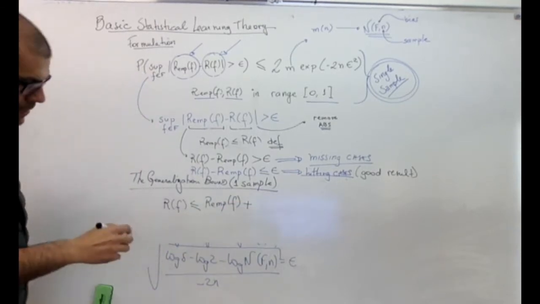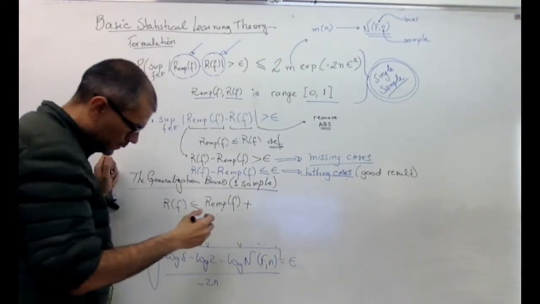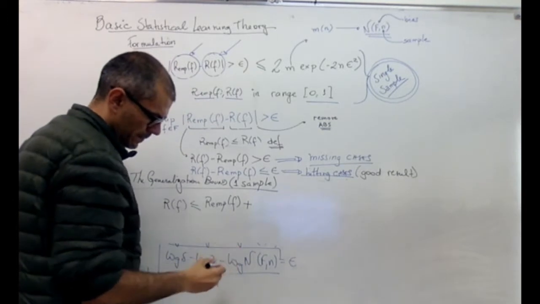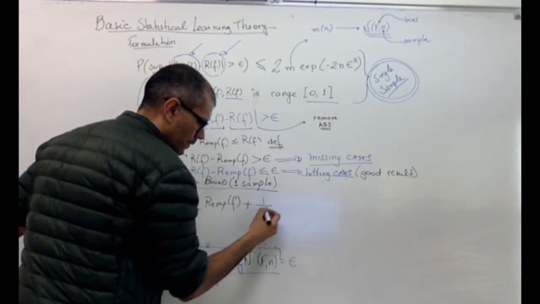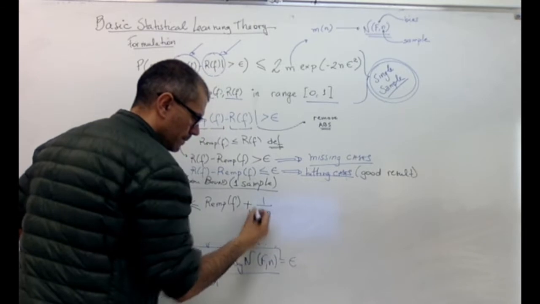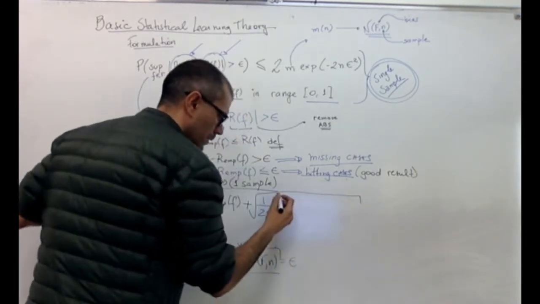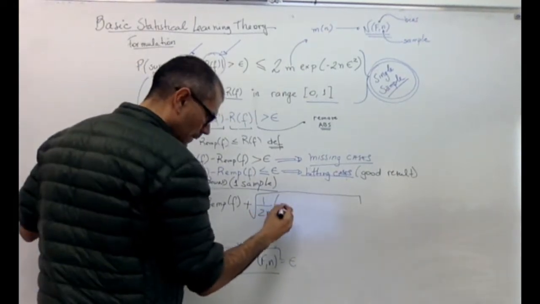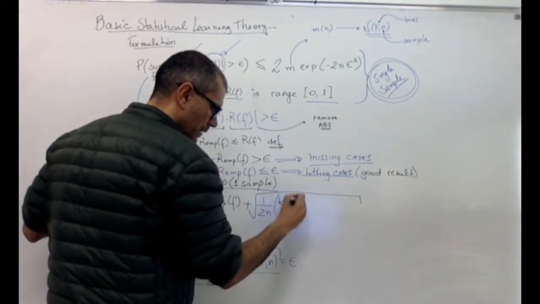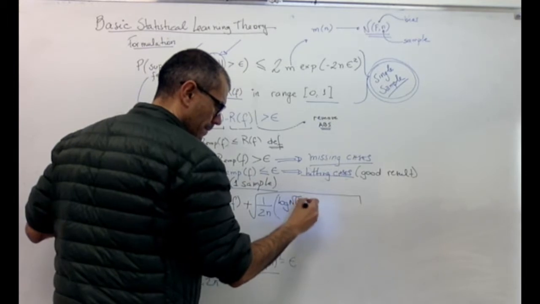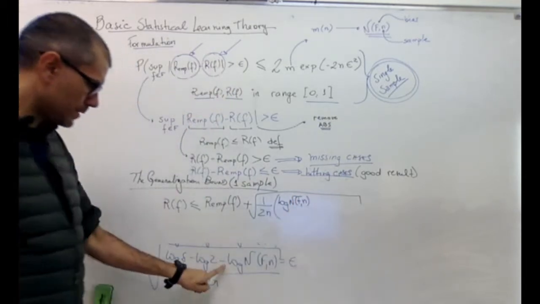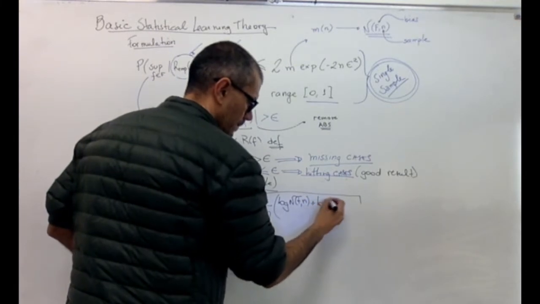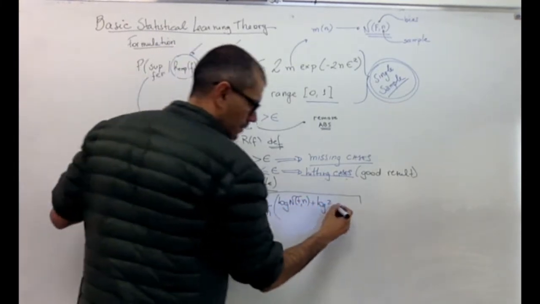And this epsilon term, as you can see, is the square root of 1 over 2n, multiplied by the log of the shattering coefficient, plus log of 2, minus log delta.